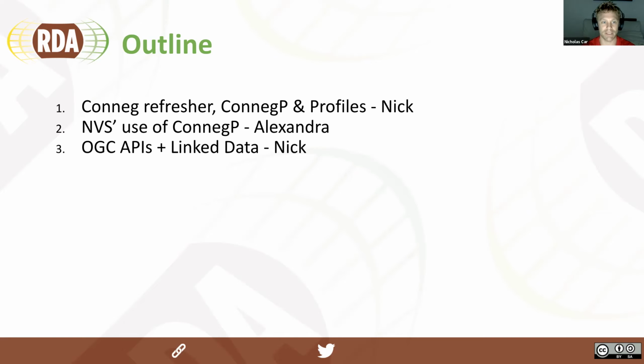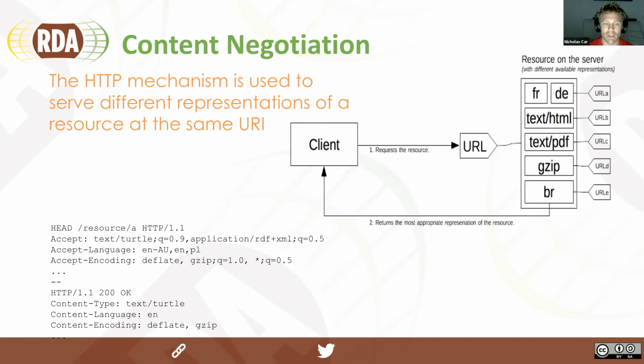So next slide, please. So just a brief background on content negotiation. Most of us who are working with internet technologies at this technical level will be quite across it, but for people who are not, and just for a reminder, it's really the HTTP mechanisms to allow you to get different representations of a resource.